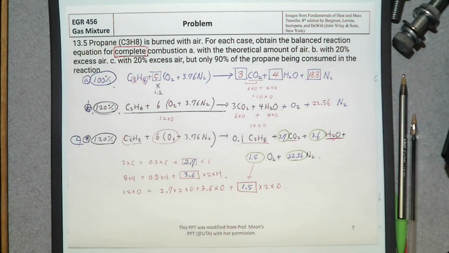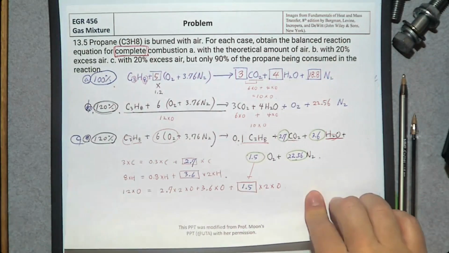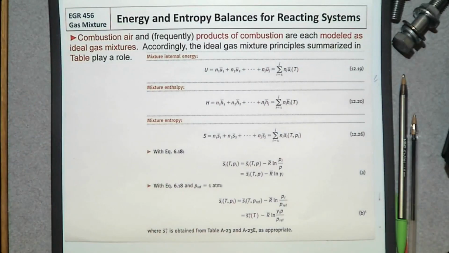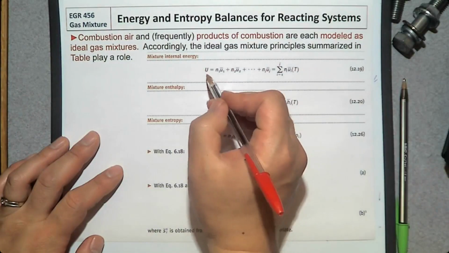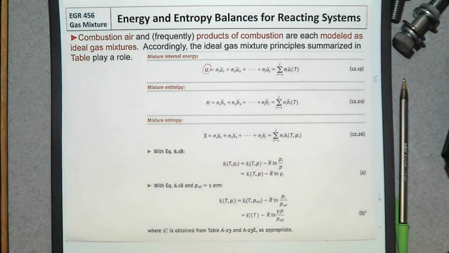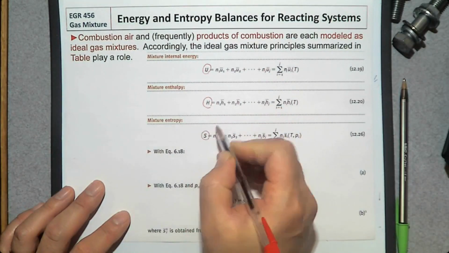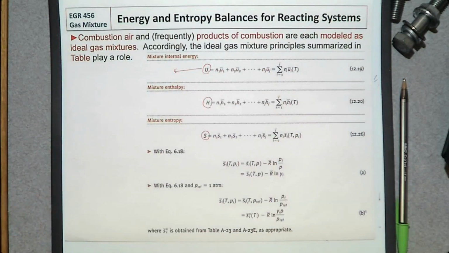Now, let's talk about how we can solve the energy balance equation and entropy balance equation for this combustion process. So these are how we determine the mixture internal energy U, mixture enthalpy H, and mixture entropy S. Everything is on a molar basis, so we are going to determine the number of moles of each component.